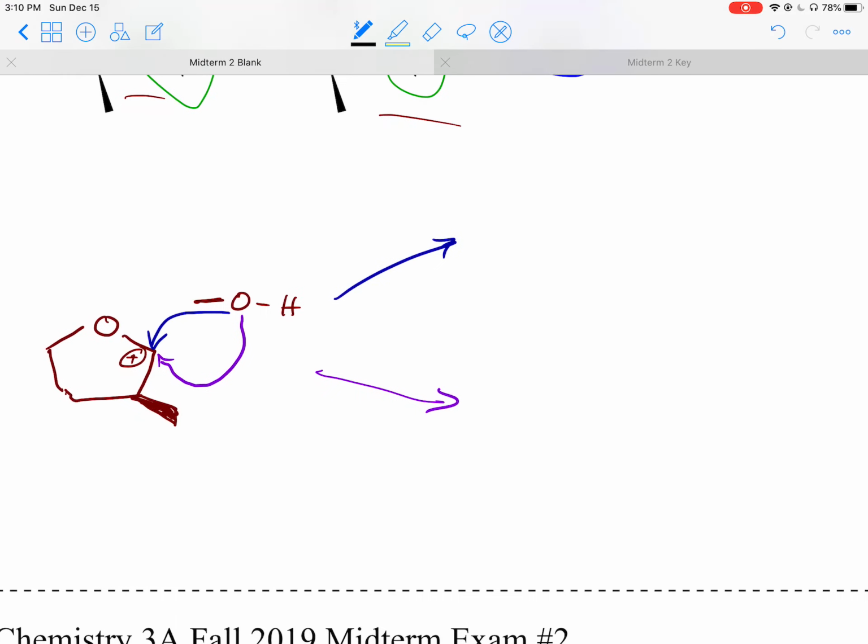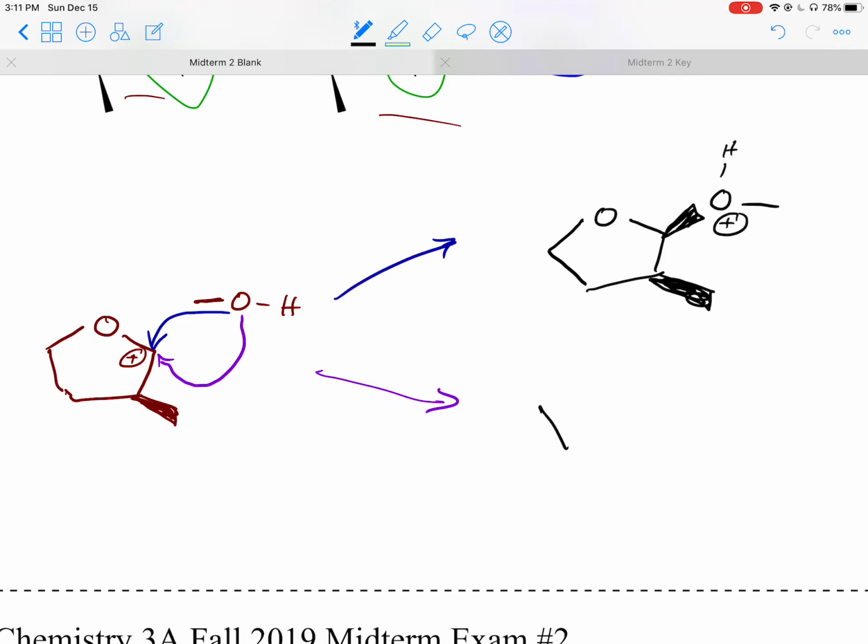So then we've got oxygen. This is a carbon. Still got this methyl group. And then if we're above, we're going to have oxygen, an H, and a methyl. This is going to be a plus.